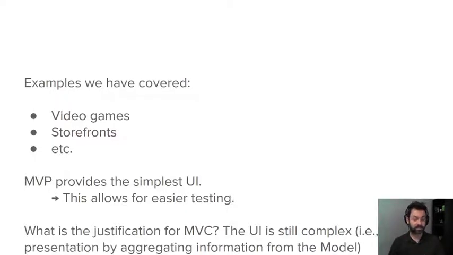It means the testing will be a lot simpler. You can very easily swap views, and you have zero impact on the presenter. You have zero impact on the model. Whereas with MVC, if you start swapping views, there might be extra hooks in there that you have to try out. So in theory, testing MVP is easier.